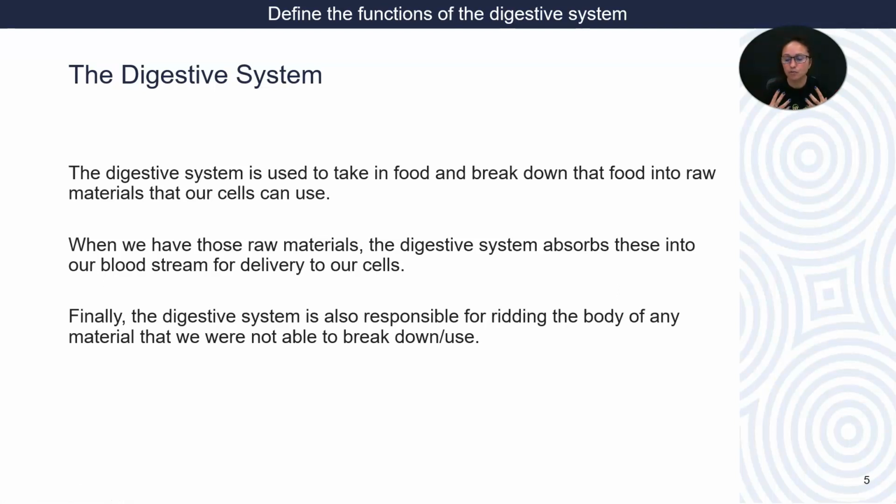Then we're going to put those parts in the blood for our cells to be able to use. The last thing that the digestive system does is get rid of anything that we haven't broken down or that we haven't used. So as you can see, the digestive system does lots of different things related to the processing of food.